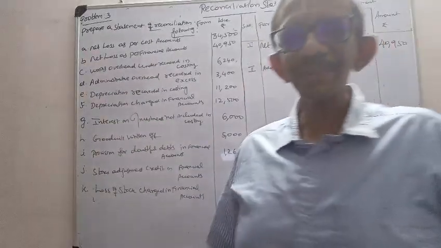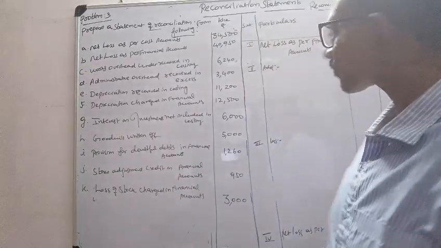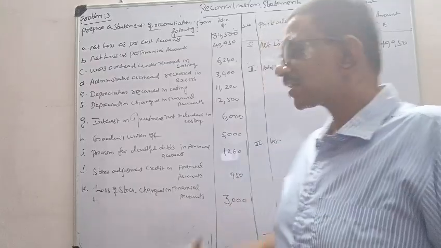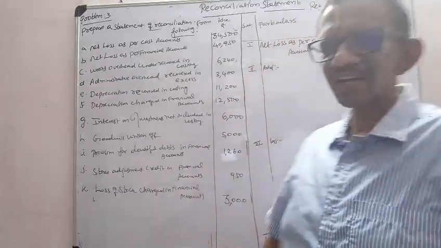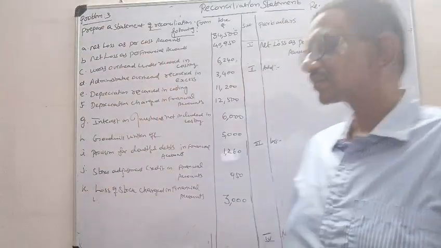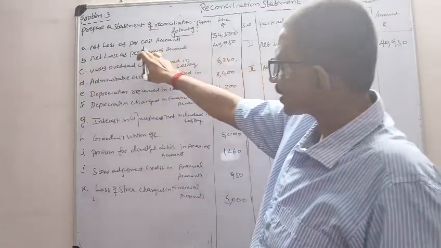So in the previous two problems we were focusing on the profit aspect. Here we are focusing on the loss aspect, whether the loss will be increased or decreased. That is what we are going to focus on. Now here we can take either.